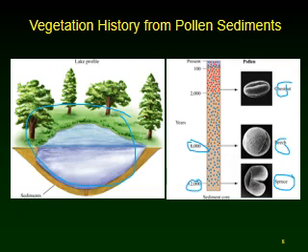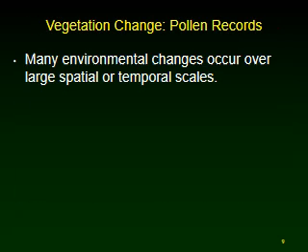But chestnuts kind of disappeared from the forests in the United States because of a disease that came in from probably Europe. The chestnut blight pretty much wiped out all the chestnut trees. Many environmental changes occur over large spatial or temporal scales.